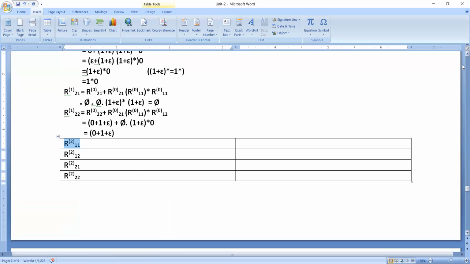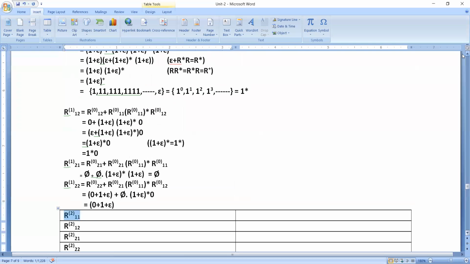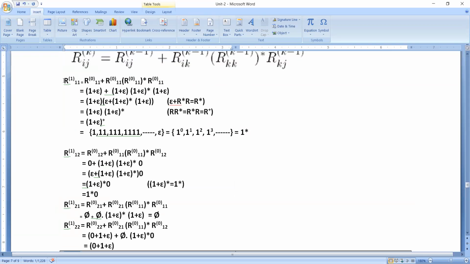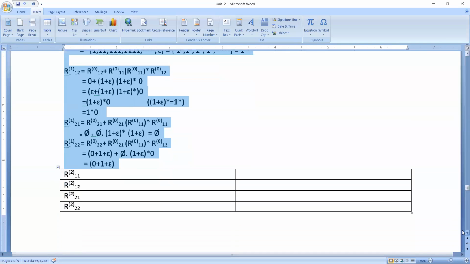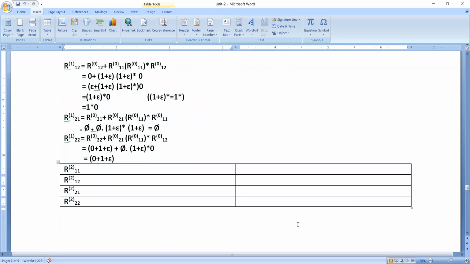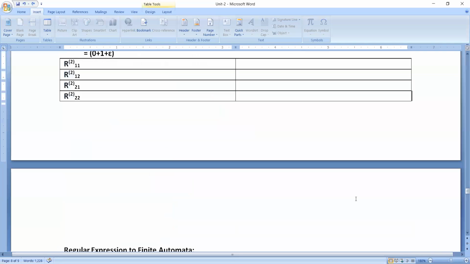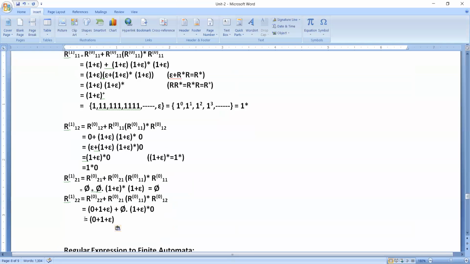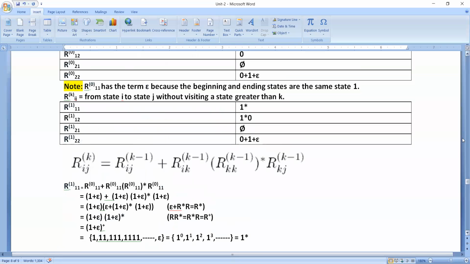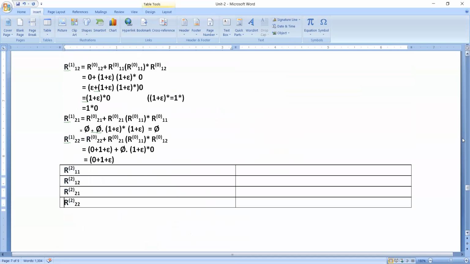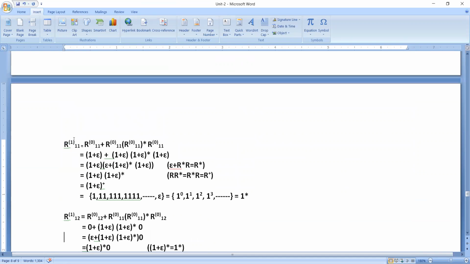Let's copy this, or better I go for copying this one itself. Now what we have to find out? We need to find out the value of R power 2 of 11.